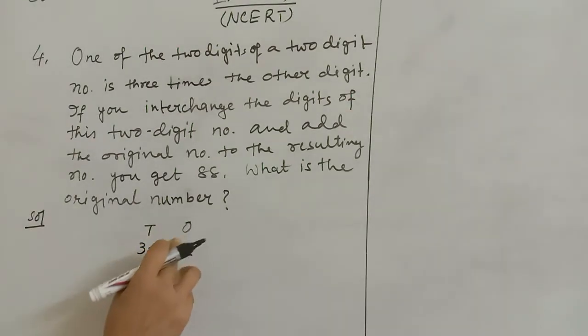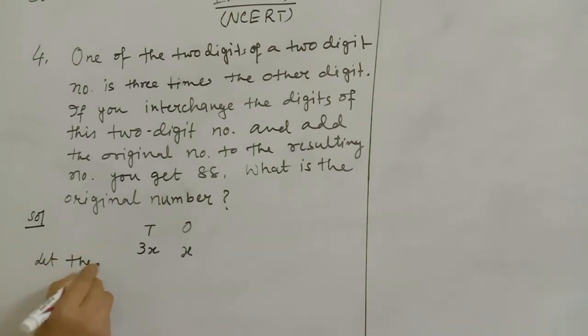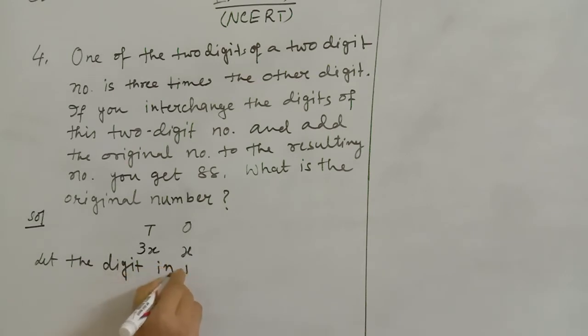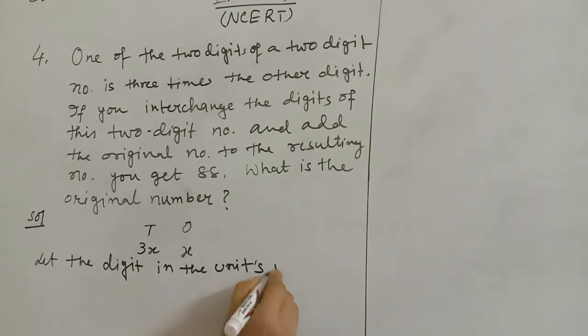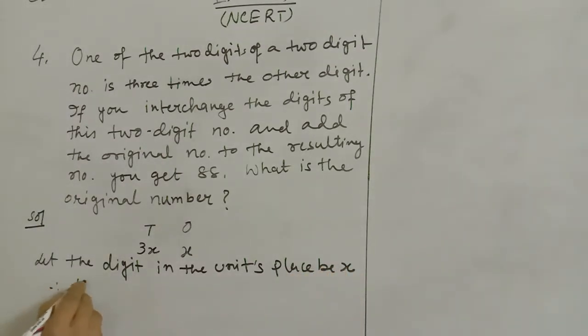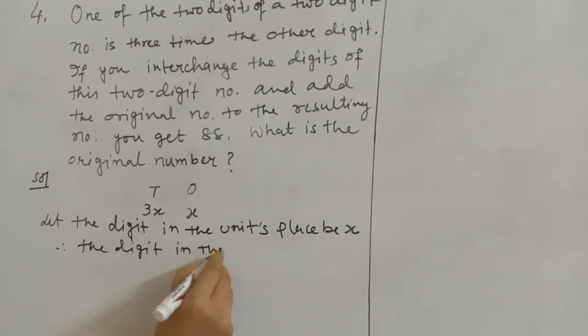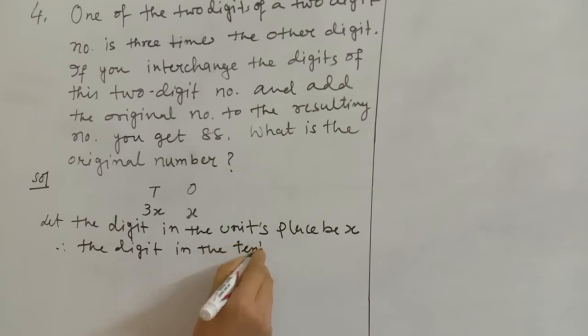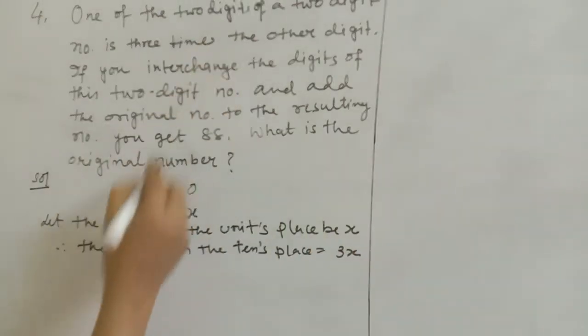Let the digit in the 1's place be x, therefore the digit in the 10's place will be 3x, because it is 3 times, as given in the question.